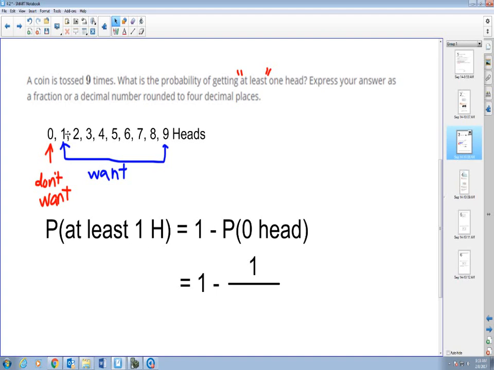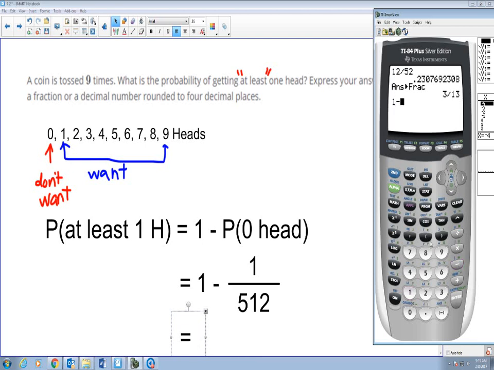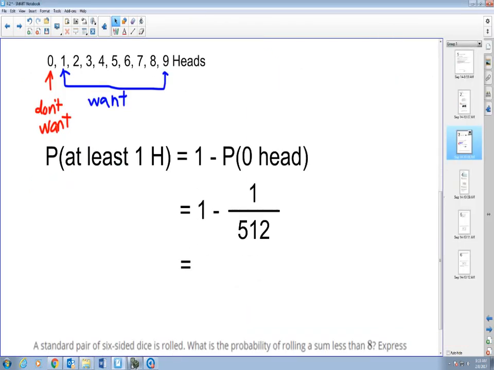If I flip a coin 9 times, my total possible outcome would be 512. So 1 minus 1 out of 512, converted to a fraction, gives me 511. There are 511 ways to get at least 1 head out of my total possible outcome, 512.